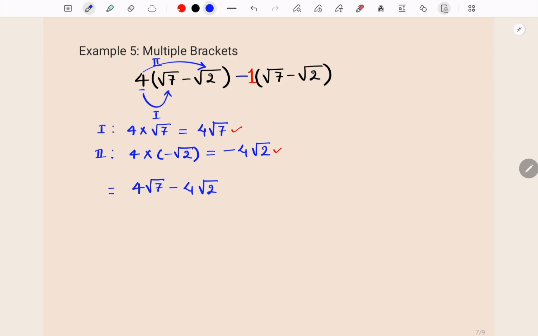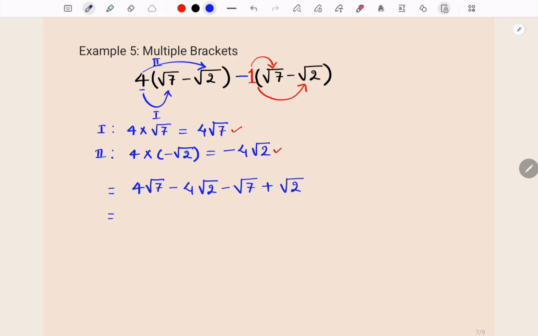And now look carefully, we need to multiply this negative 1 first to root 7 and then to negative root 2. This negative sign will change all the signs inside the root. So root 7 will become negative root 7, and the negative root 2 will become positive root 2.